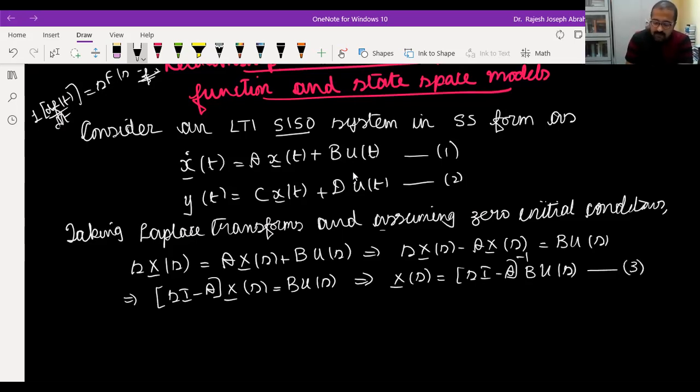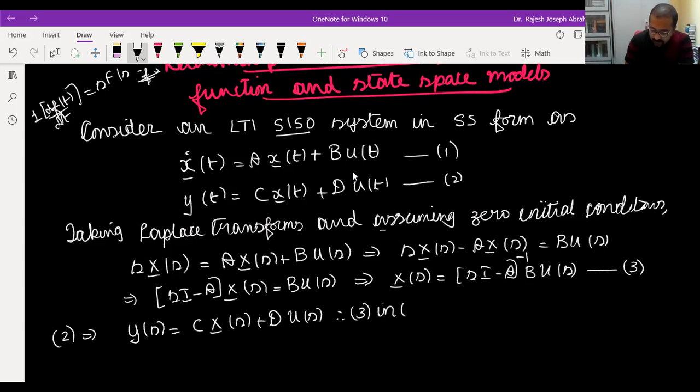Now take the Laplace transform of equation 2. Y of s equals C X of s plus D U of s. Instead of X of s, I will put equation 3 here. Y of s equals C (sI minus A) whole inverse B U of s plus D U of s.